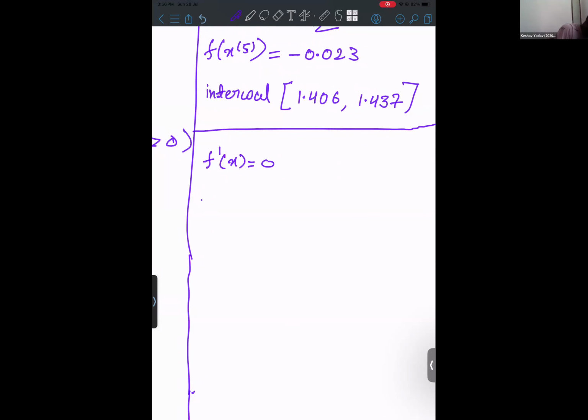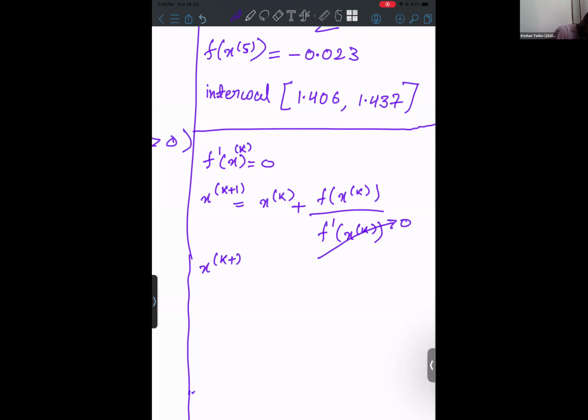So what is the formula of Newton-Raphson method? x at kth plus 1 will be equal to x at kth plus f of x at kth divided by f prime x at kth. Suppose at some kth iteration, we found the function derivative is 0. Then x plus 1 will tend to infinity.